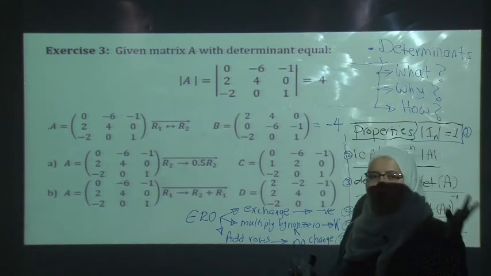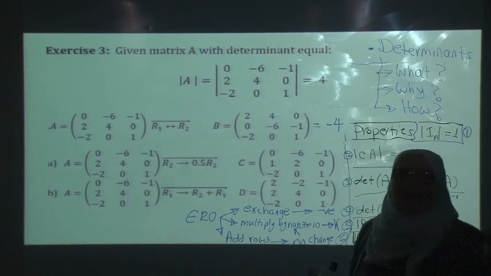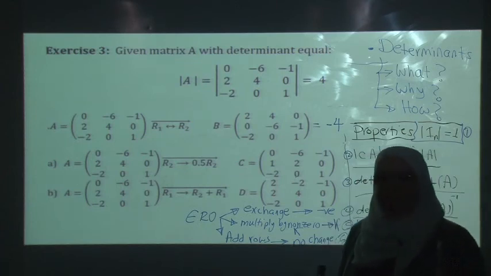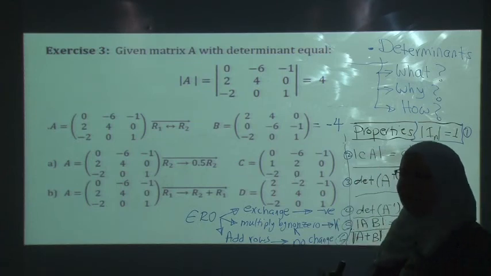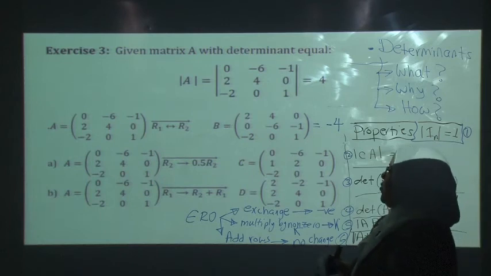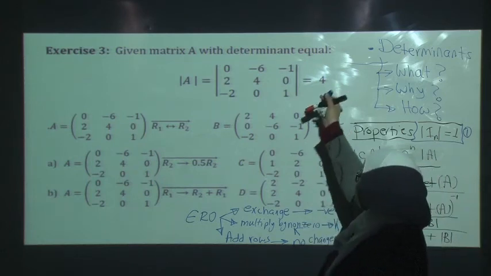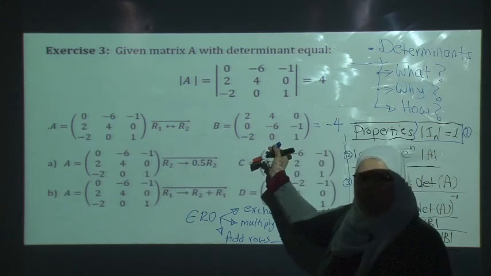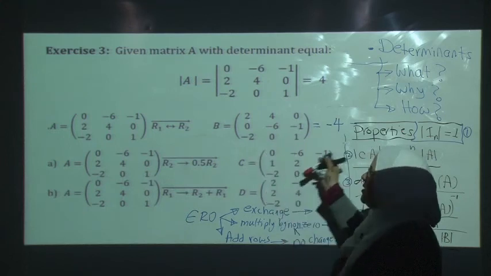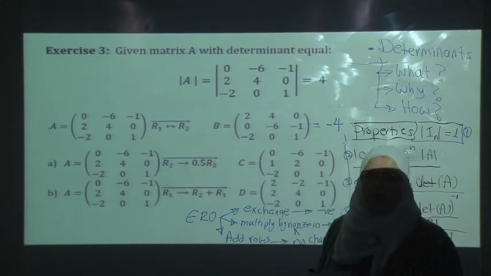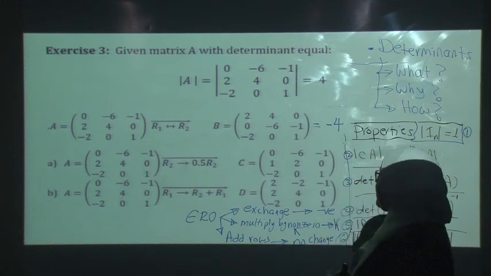Exchanging any row would affect the determinant by a negative sign. Of course, you can try this to convince yourself: the determinant of A is 4, and with the usual method for B you will find that it's negative 4. So directly we can use this property.